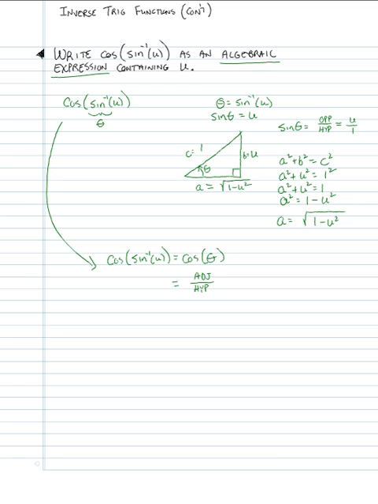So in this case, that adjacent side is the a, isn't it? The square root of 1 minus u squared. And the hypotenuse is 1. And so when we simplify that expression, it's simply just the square root of 1 minus u squared. So we've written this cosine of the inverse sine of u solely as an algebraic expression. This is our answer. That's what we're looking for.